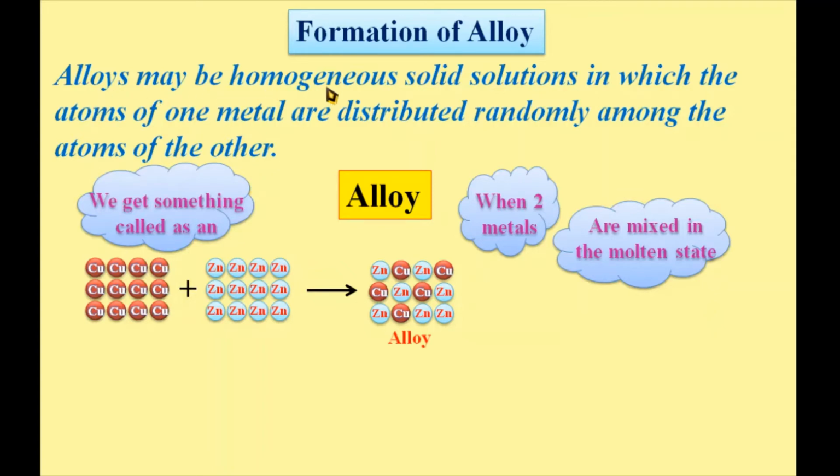Homogeneous solid solution means solid in solid: the solute is solid as well as the solvent. That is called a solid solution, in which the atoms of one metal are distributed randomly among the atoms of the other element, and this combination of two metals is called an alloy.